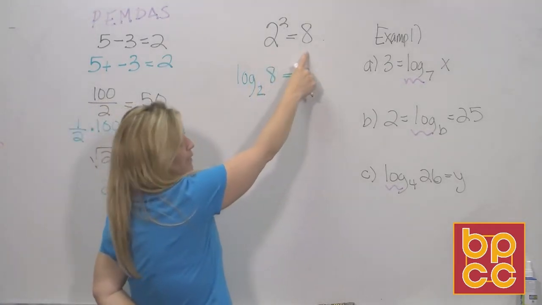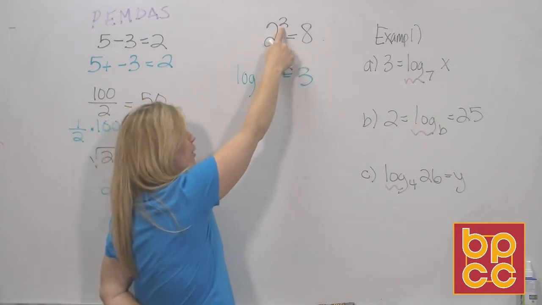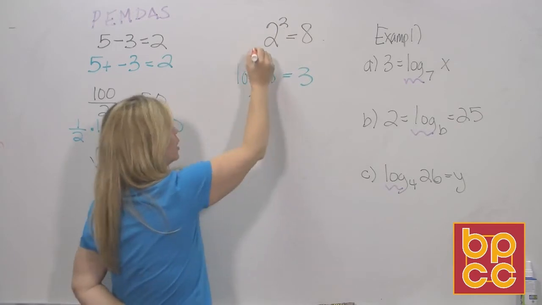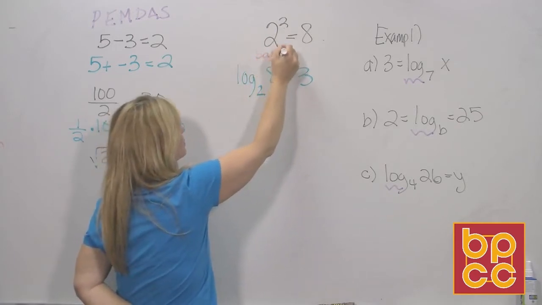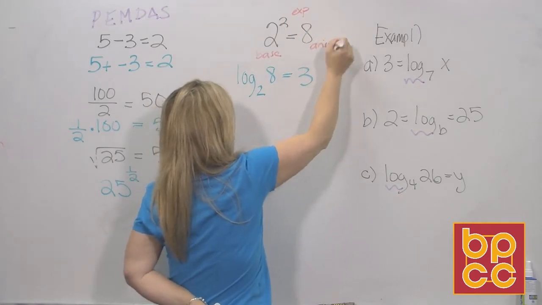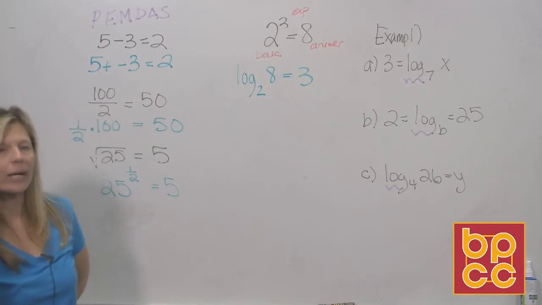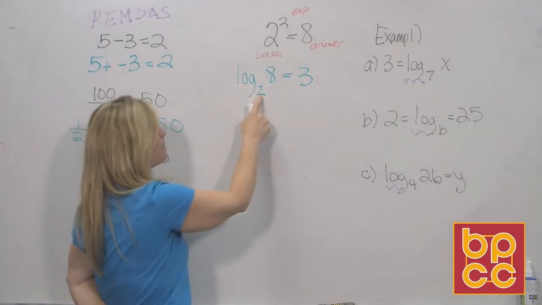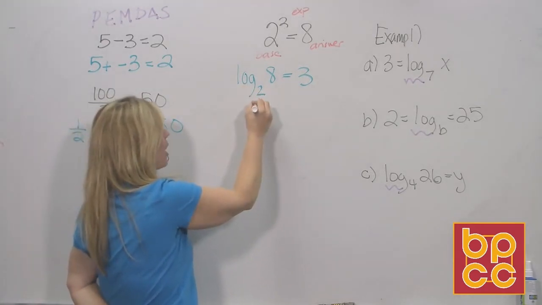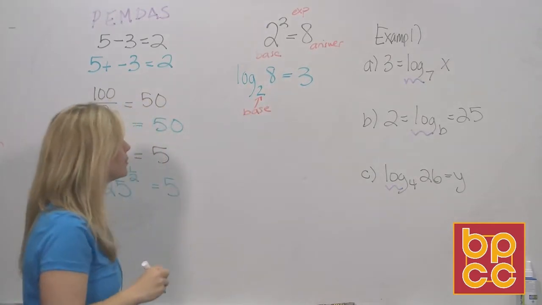If you look at my exponential equation, this is read base 2, I have an exponent of 3, and this is the answer. So I have a base, I have an exponent, and I have an answer. When I read a log equation, listen to how I read it. Log base 2. So in a log, that little subscript is the base.